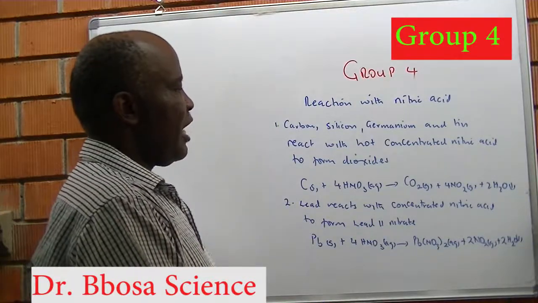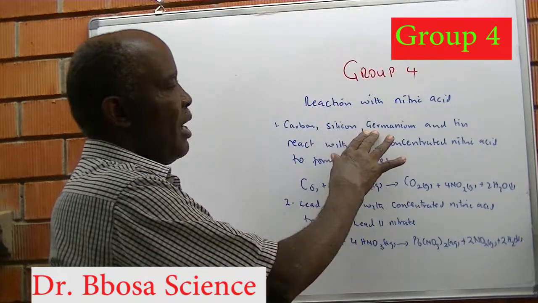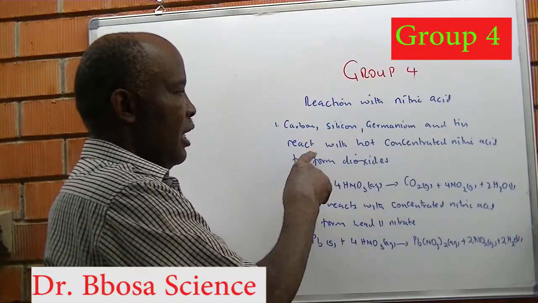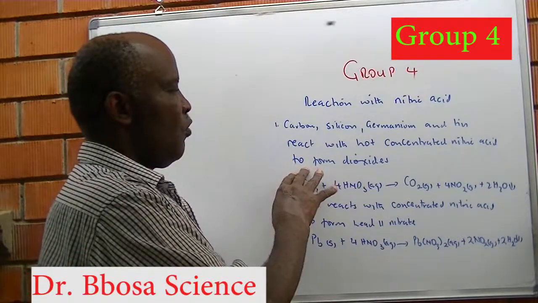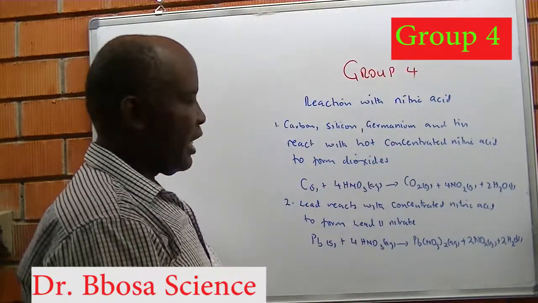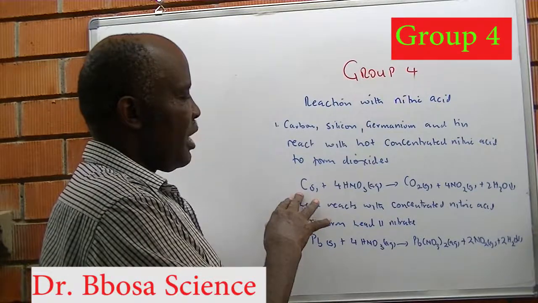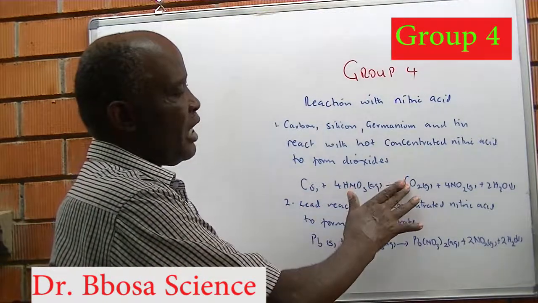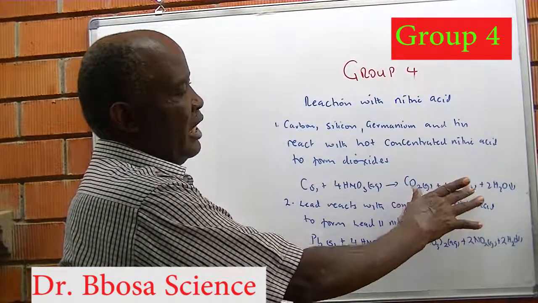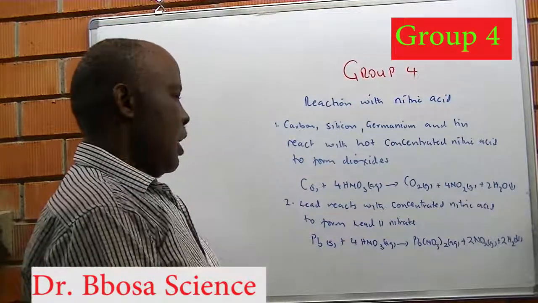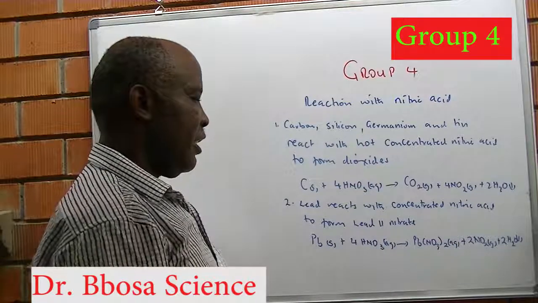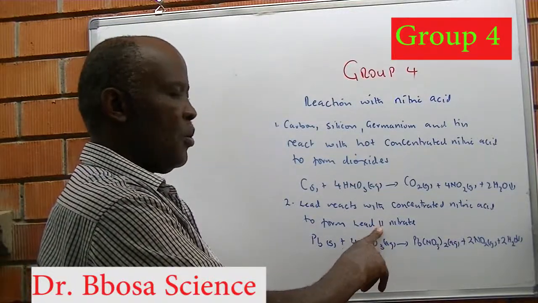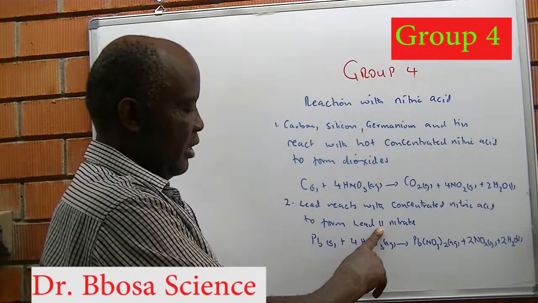Reaction with nitric acid. Carbon, silicon, germanium and tin react with hot concentrated nitric acid to form dioxides. Carbon plus nitric acid to form carbon dioxide, nitrogen dioxide and water. Lead reacts with concentrated nitric acid to form lead(II) nitrate.